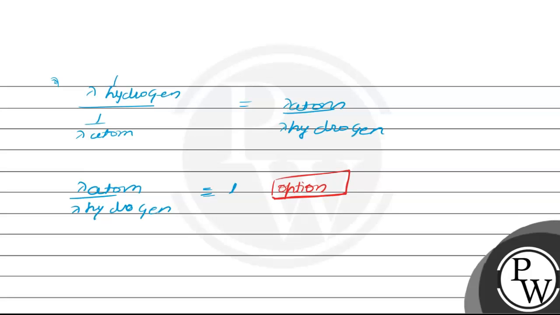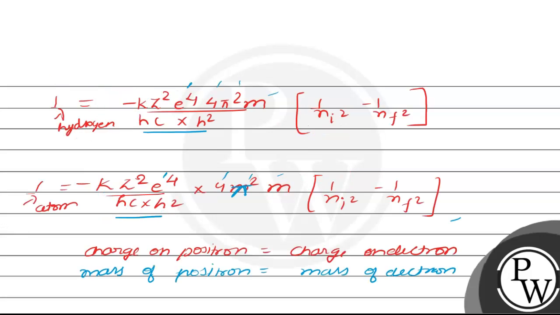So students, the point to be understood in this question is that the lambda expression for both hydrogen and this hypothetical model came out like this: k z square e raised to the power 4 pi square m upon hc into h square. We saw that the charge on positron was equal to the charge on electron.